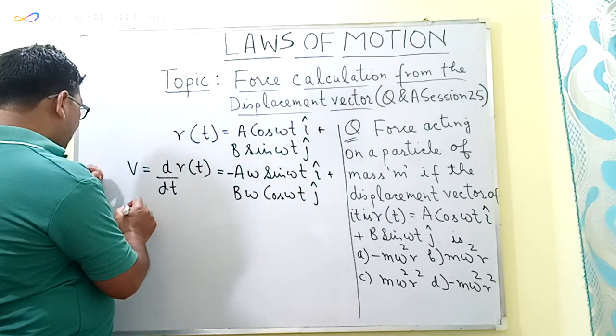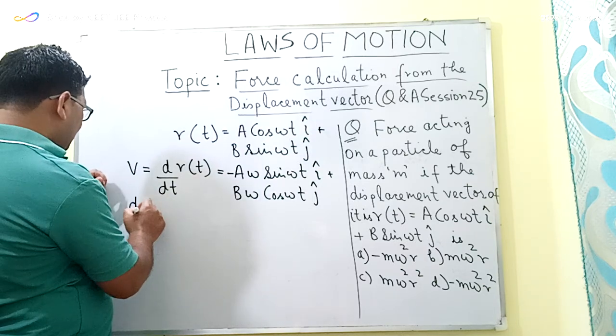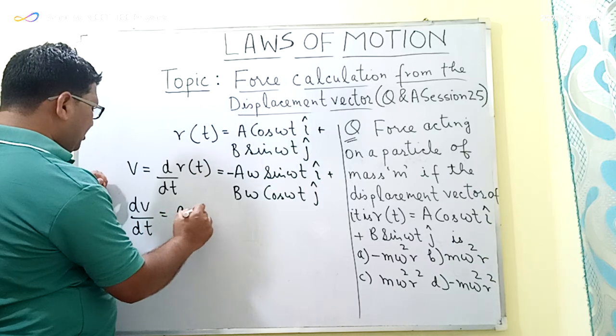Now if I differentiate this equation with respect to t again, I will get the instantaneous acceleration, which is equal to dv upon dt.